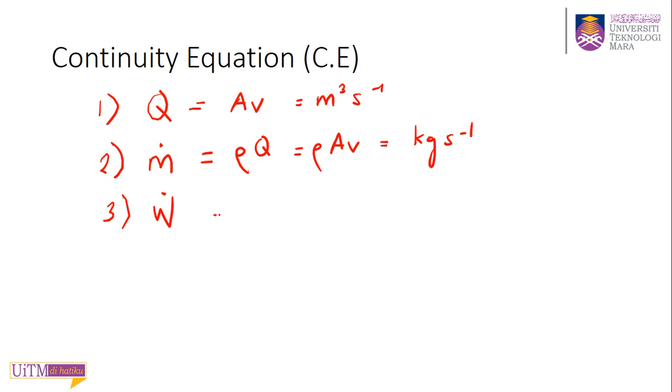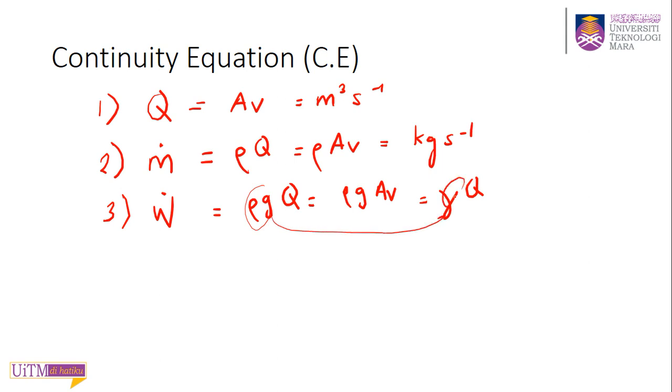And lastly, your weight flow rate, as you said, you can just multiply by G. It's just multiplication by G, so rho GQ or rho GAV, or if they give you specific weight, you can also use specific weight gamma times Q, because rho G ni sama dengan specific weight kan, and this is in Newton per second.